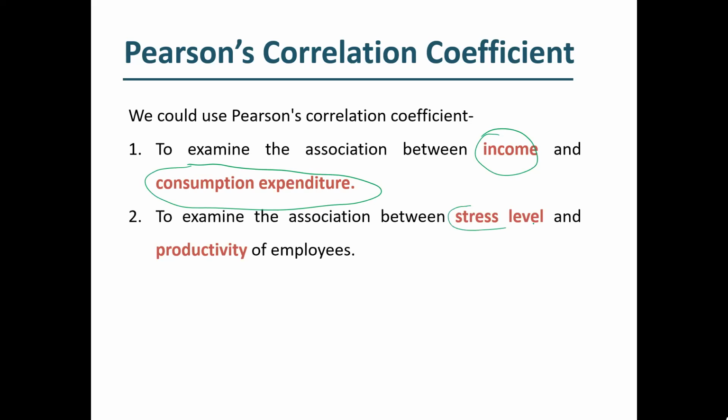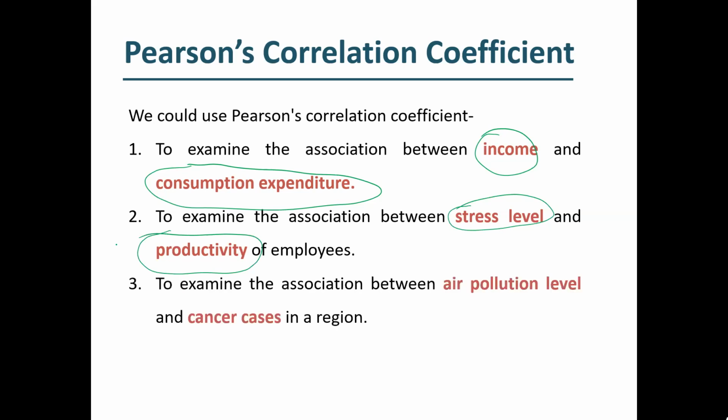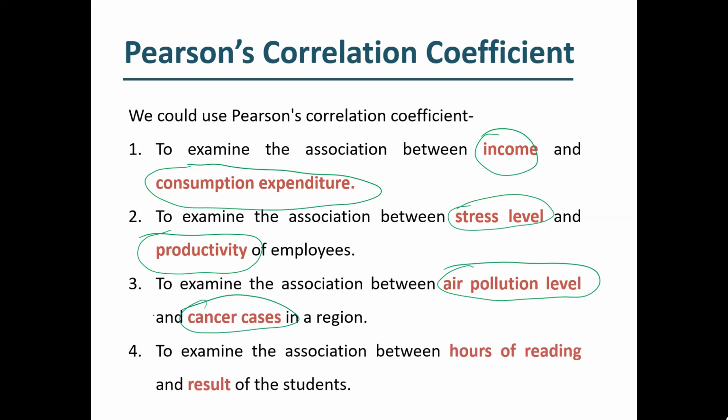Stress level, quantitative data, productivity, quantitative data, both must be normally distributed. Third, to examine the association between air pollution level and cancer cases. Air pollution level is our first variable, quantitative, cancer cases again quantitative data. Fourth, to examine the association between hours of reading and result. Hours of reading is quantitative data, result is again quantitative data.